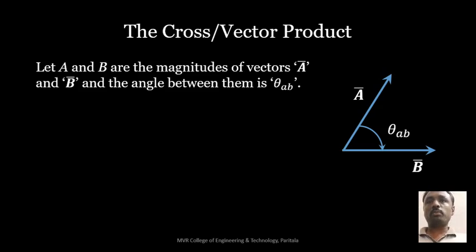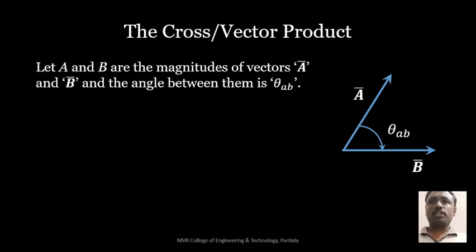The vector product or cross product will give a vector result. If we need to talk about a vector, we need to talk about two things: the first is magnitude and the second is direction. In the previous case, we thought about only the magnitude, but in this case we need to talk about both magnitude as well as direction.